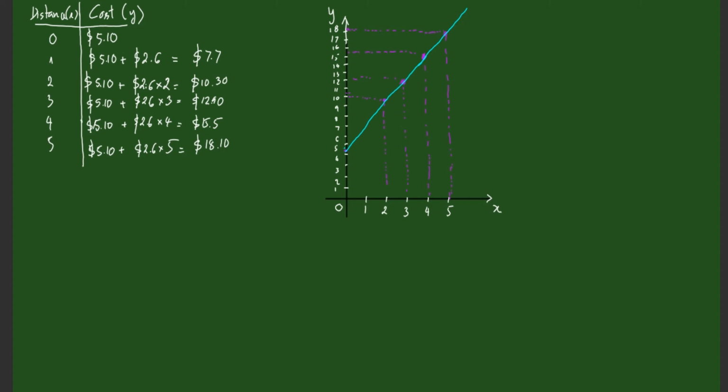It's a straight line right there. And you see that this straight line intersects the y axis at a point right here, right? This point has coordinates 0, 5.1. This point here we call the y-intercept.